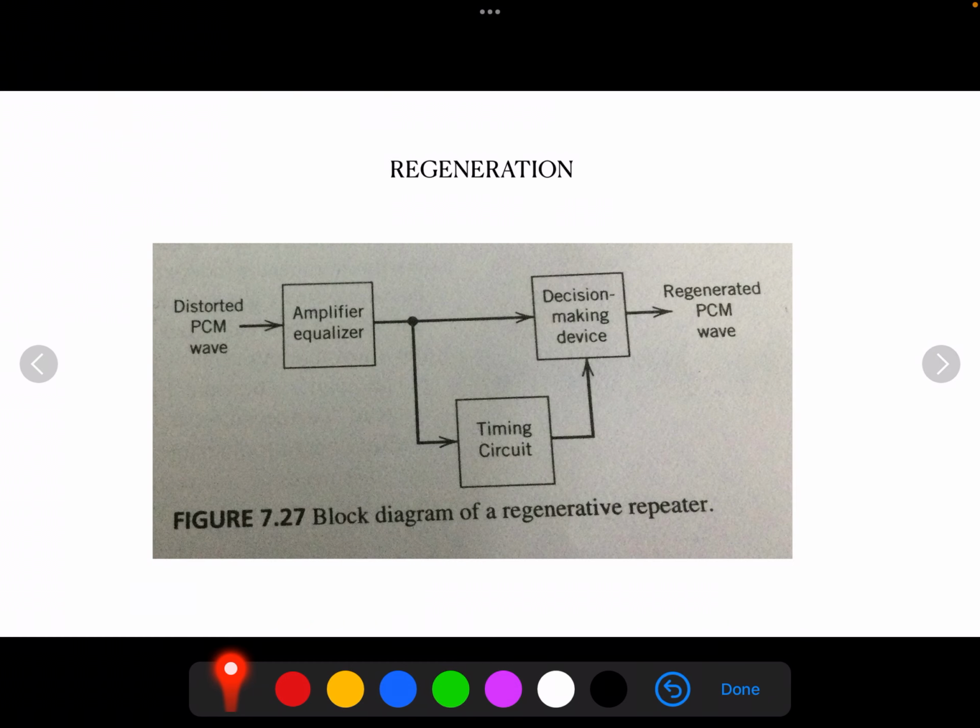Next is regeneration. So the most important feature of any digital system is the ability to control the effects of distortion and noise produced by transmitting a digital signal through a channel.